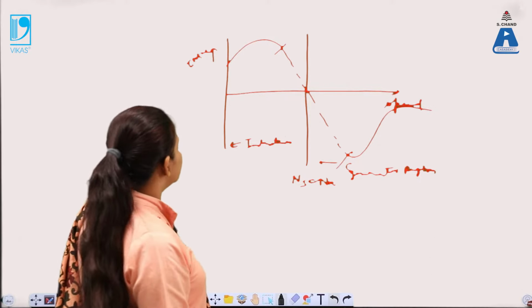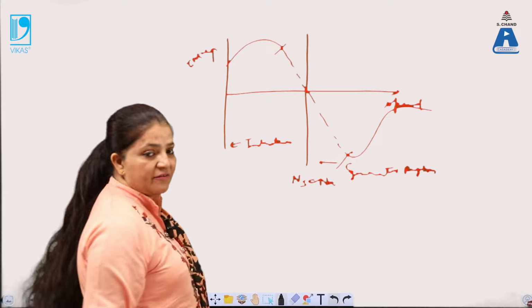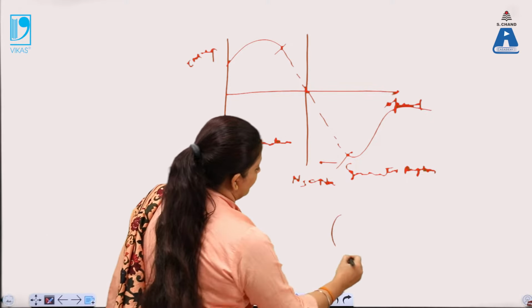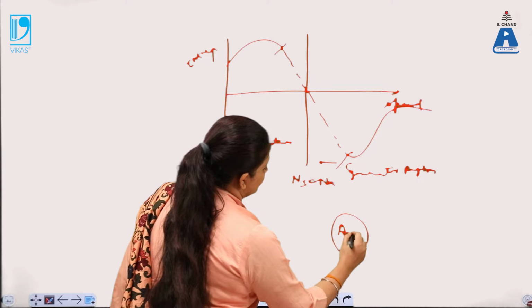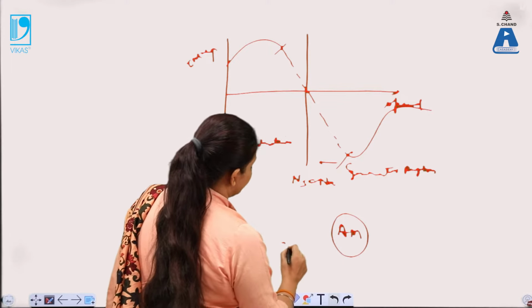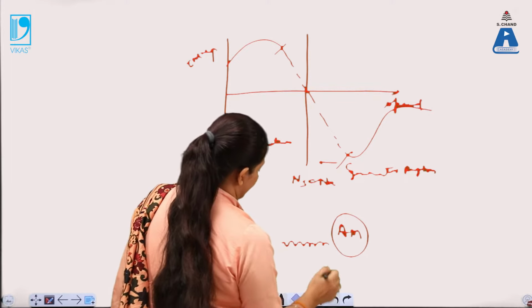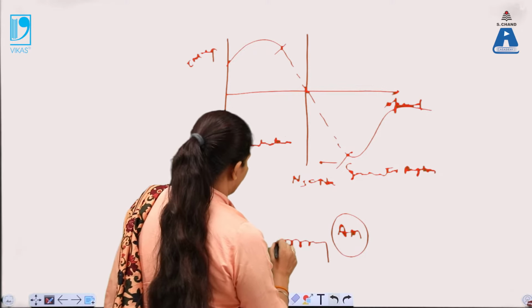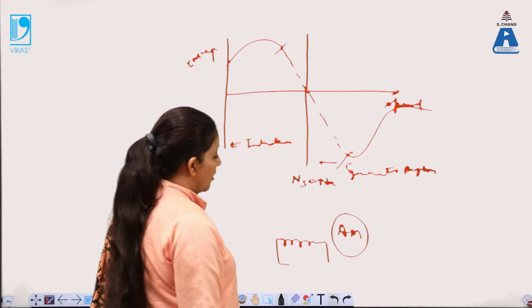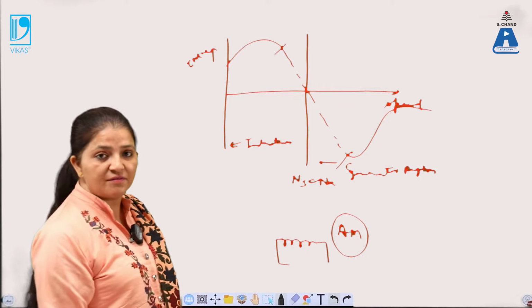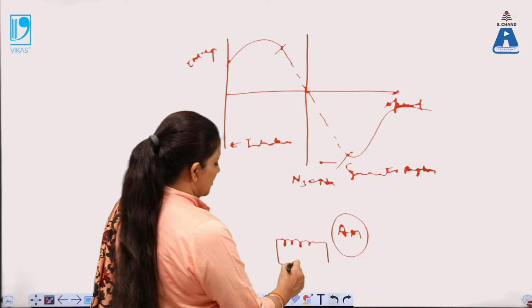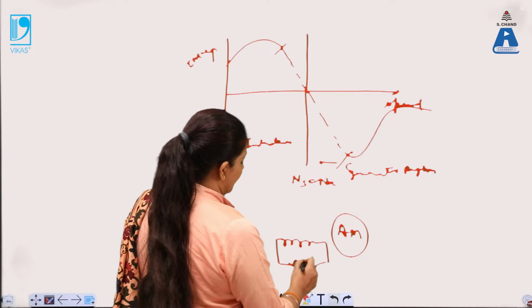Now, if this is the armature coil and this is the field winding, in the field winding some resistance is introduced, a variable resistance is connected.